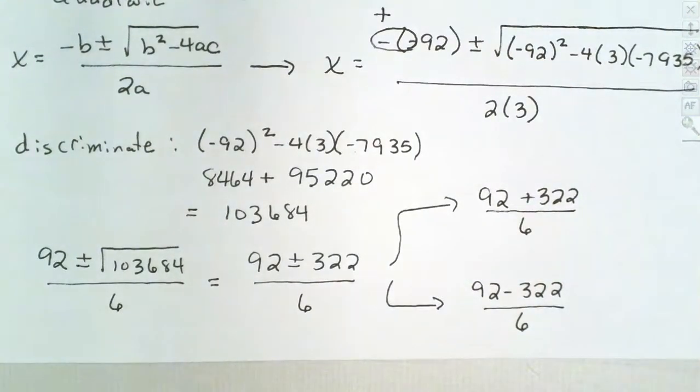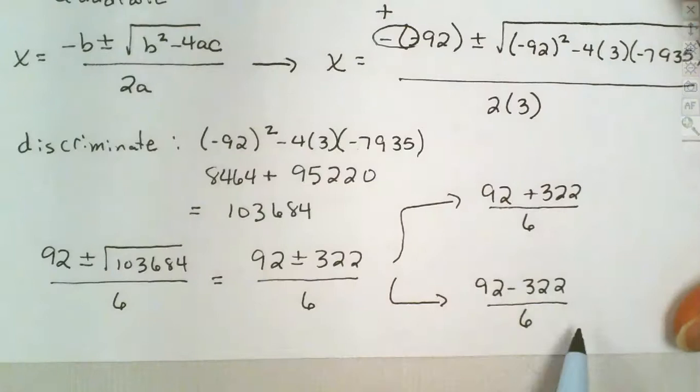Now, let's take a moment to think about what x is. What is x? X is going to be the height of this cliff, right? Now, when we talk about the height of a cliff, can the height of the cliff ever be negative? No. So we can take out the second part. Why can we take out this part here?